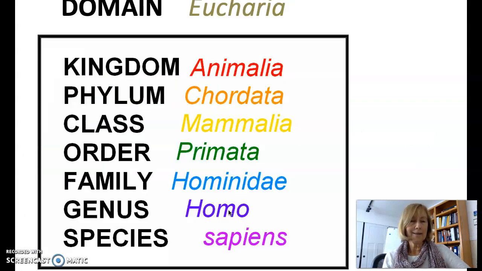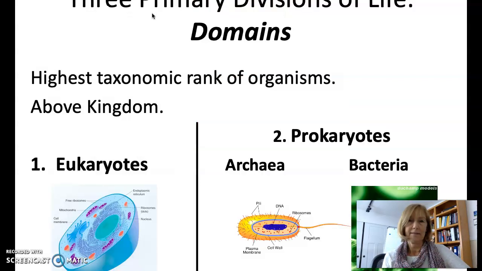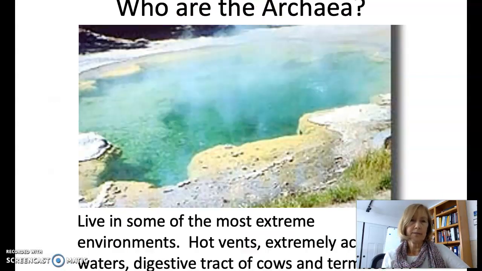So that classification is called domain. It's the one that's above every other classification. You've heard of genus and species and family and order and class. I'm coming up, up, up, up, and the very top is the domain. Okay, so really when we think of cells, they belong in one of the three domains.